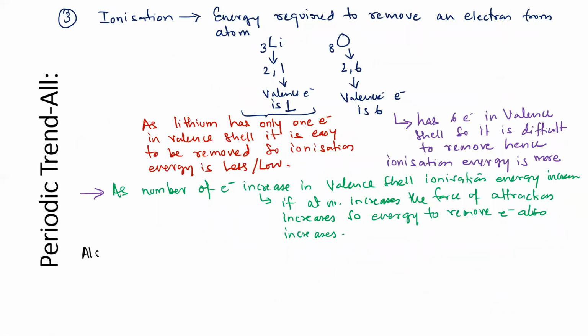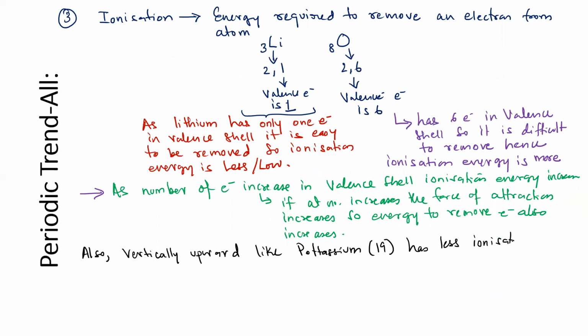Also, vertically upward, potassium, which is 19, has less ionization energy than hydrogen, which has only 1.